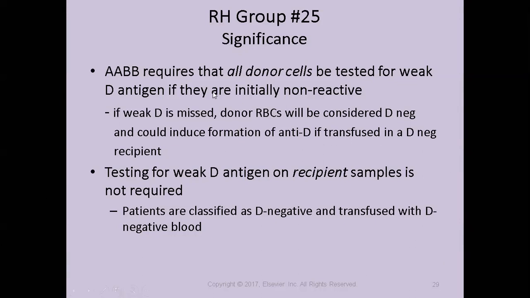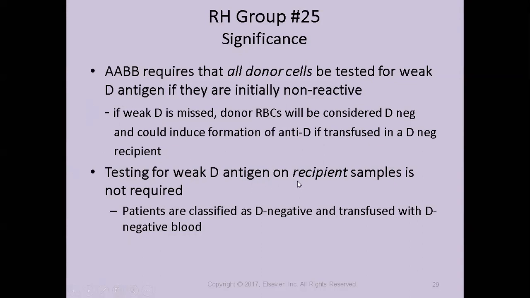If we have a person who's weak D and we miss it, and we call that donor RH negative, their red cells could be given to an RH negative individual like me and stimulate me to make anti-D. Hopefully that makes sense, okay? Because they're really not RH negative, they do have D, okay? And so remember, D is very immunogenic, so even weakened expression of D could stimulate an RH negative recipient to make that antibody.